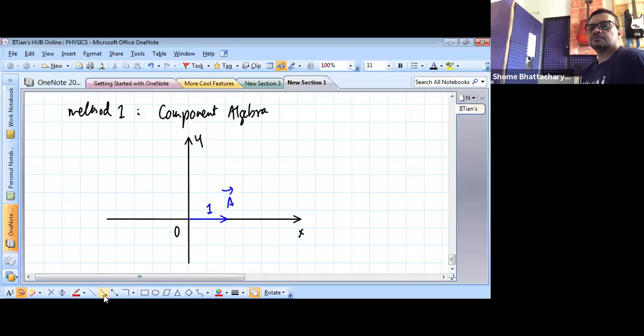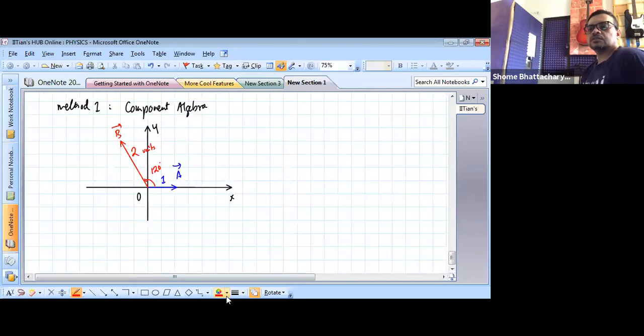Okay, now in comparison, B will be a vector which is at 120 degrees but of magnitude 2 units. Somewhere here, let's say. This angle will be 120. And in comparison to these two, now the vector C will be in the third quadrant, like this.